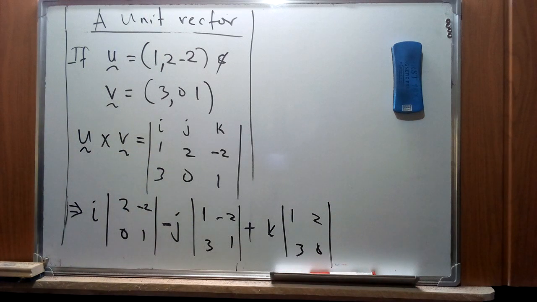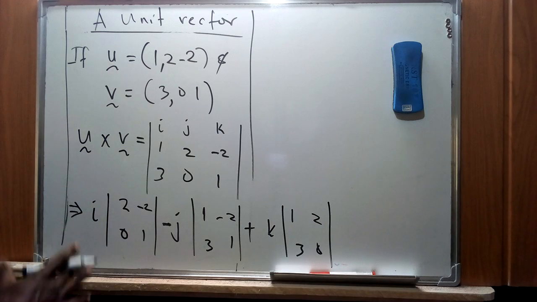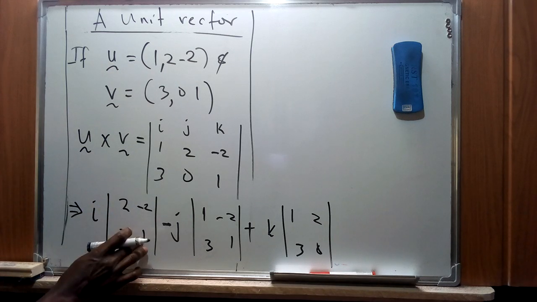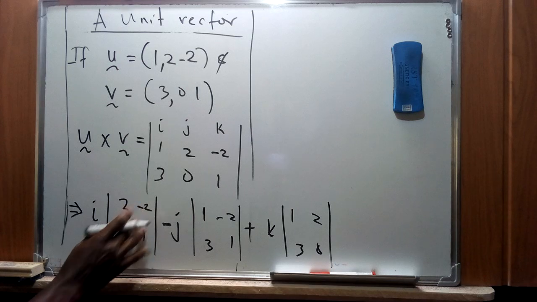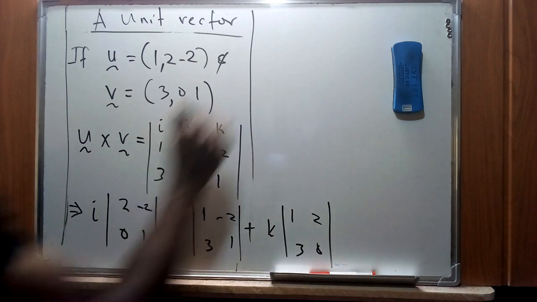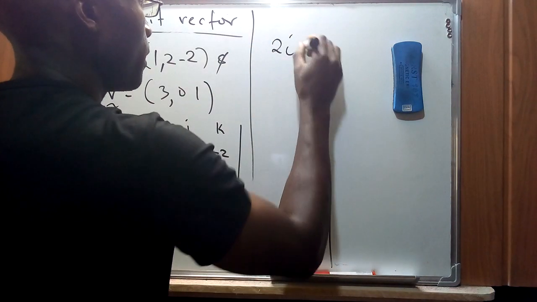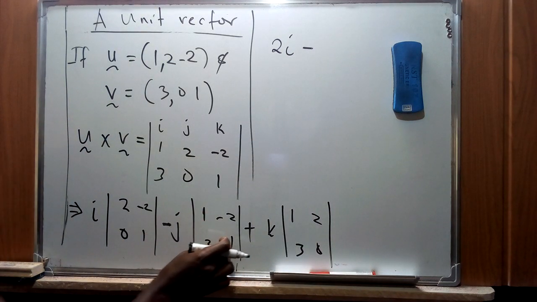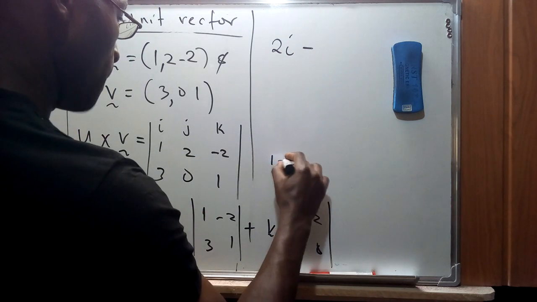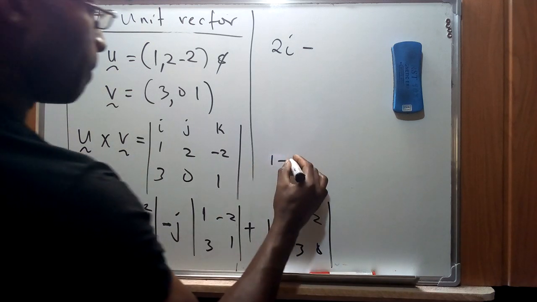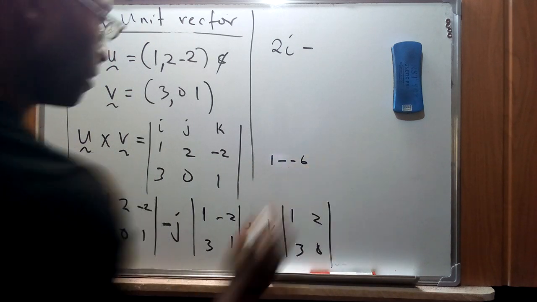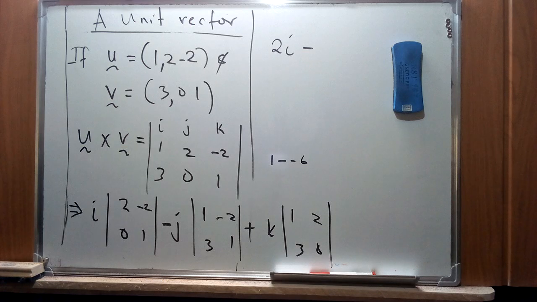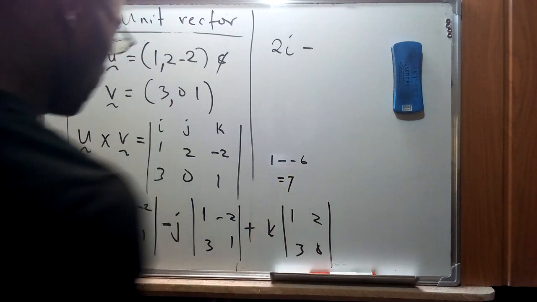In trying to find this, we just take the difference of the cross multiplication of the two, which is 2 times 1 minus 0. So the first one is going to give us 2i. Minus, this is 1 minus 6, which is going to give us 7.